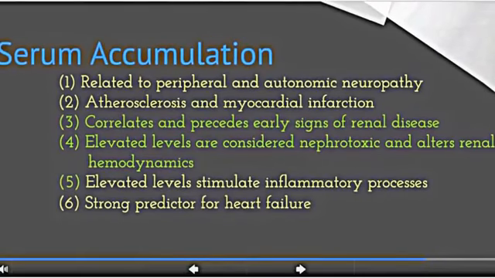Elevated serum accumulation of AGEs has been evidenced in peripheral and autonomic neuropathy, atherosclerosis and myocardial infarction, and precedes early signs of renal disease. It is also considered nephrotoxic, alters renal hemodynamics, and stimulates inflammatory processes, not to mention that it has been demonstrated to be a strong predictor for heart failure.